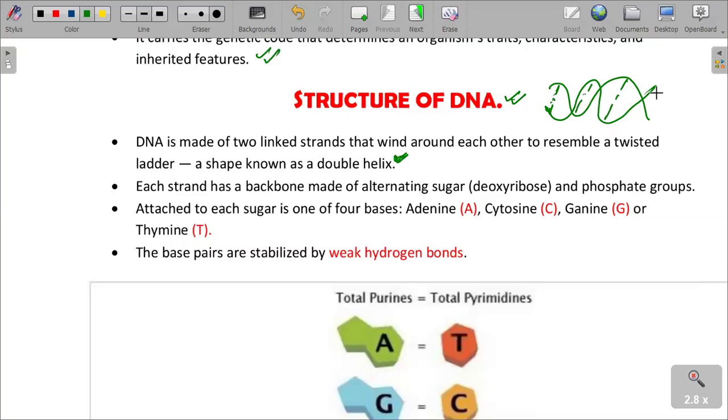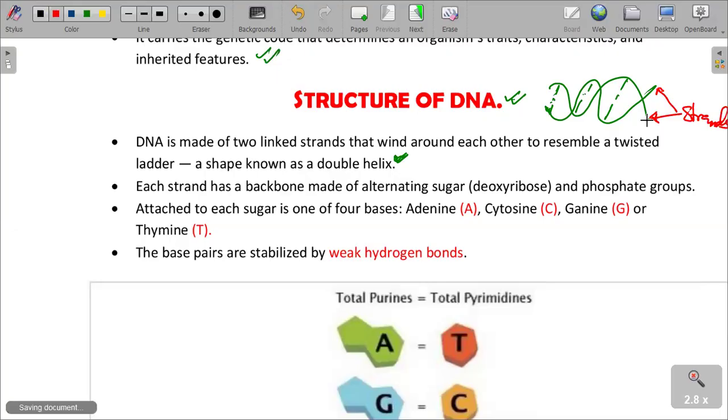What you are seeing on the body here are called the strands, which twist around each other. So you can see that they are twisted and resemble a ladder, but twisted.